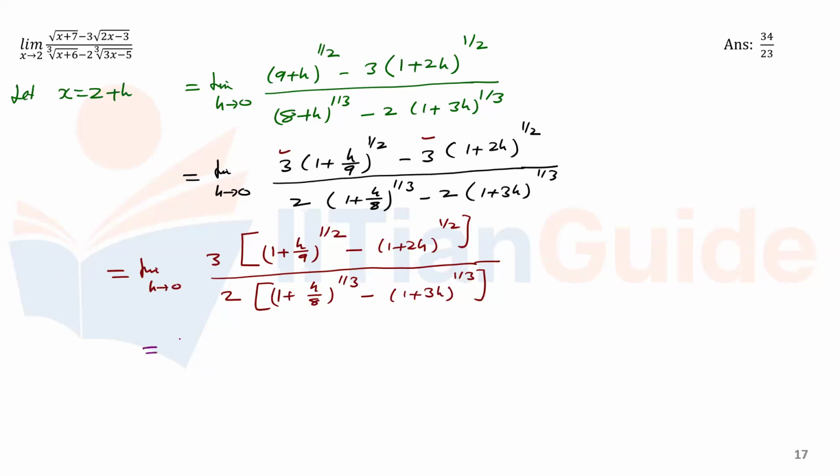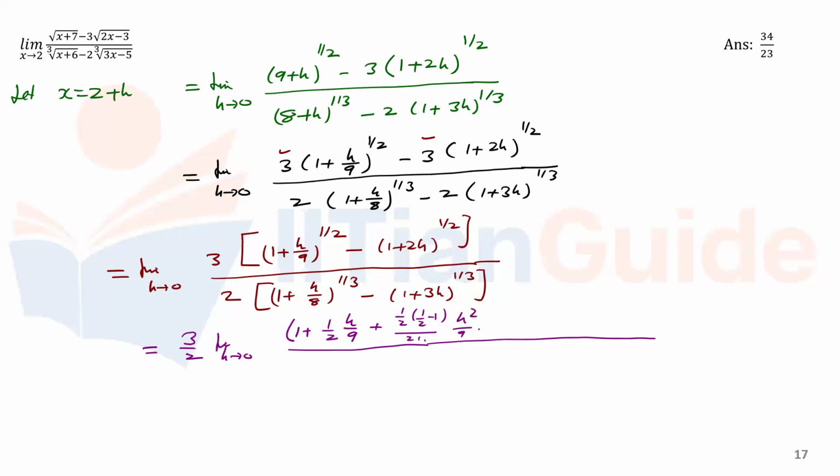So I am writing 3 by 2 limits h tending to 0. I am going to expand the numerator and denominator, all the terms. The first term, if I expand, I am getting 1 plus nx, that is 1 by 2 into h by 9. After that, n into n minus 1, 1 by 2 into (1 by 2 minus 1) divided by 2 factorial, after that h square by 9 square, and so on.